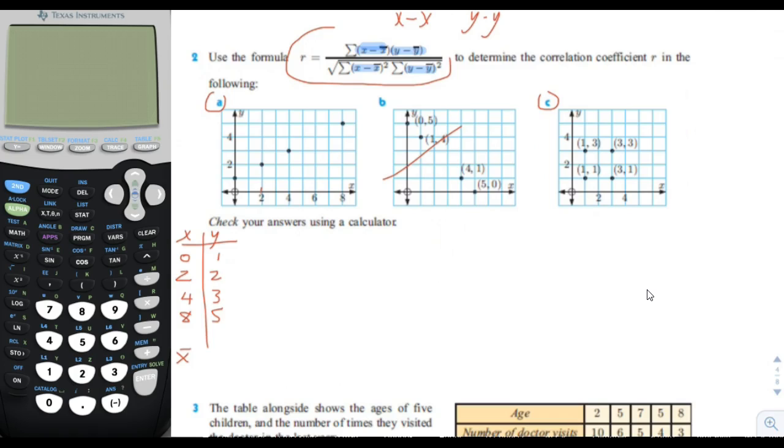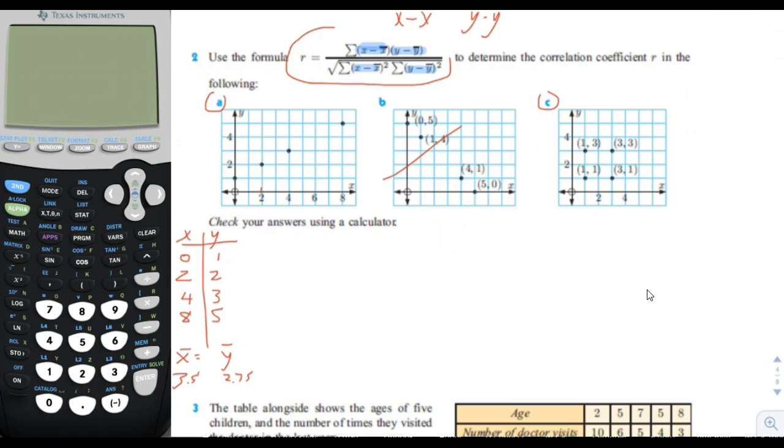And guess what? I'm using a calculator to see what the calculator does. So x bar is equal to 3.5. Then I'm going to do the same thing with 1 plus 2 plus 3 plus 5, which is 11. And I'm going to divide 11 by the total number of values, which is 4, to get the average of y, which would be 2.75.